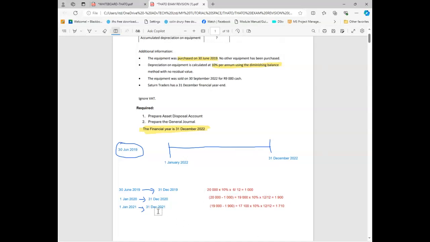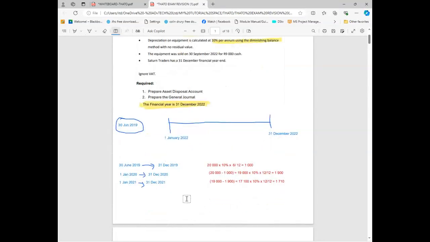So it means it's 31st of December, which is here. If you try another year, that is going to be our current year. Remember, we're not trying to calculate the current year. We're calculating the accumulated before the current year, okay? Therefore, the total accumulated depreciation will be 1,000 plus 1.9 plus 1,710. Yes.